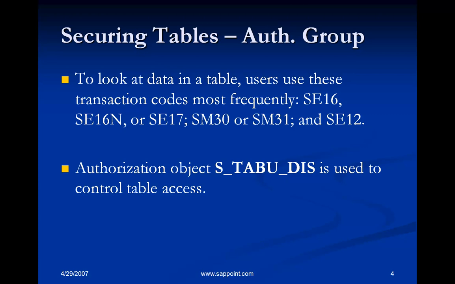SE16N and SE17N, the majority of people don't prefer these transaction codes because of their features, and the layout is not very user friendly. But SE16 and SM30 or SM31 are the most widely requested transaction codes by users who want to view data in a table directly.